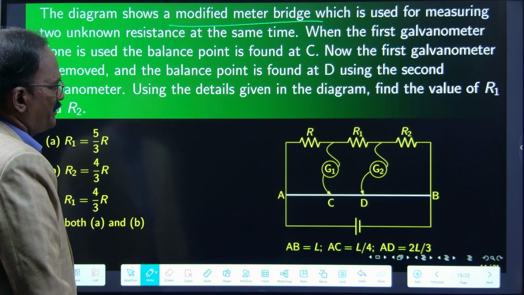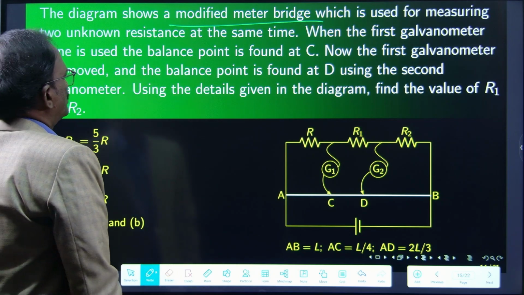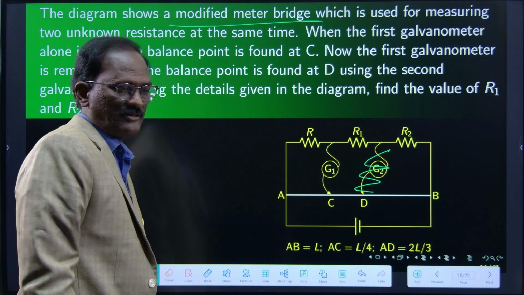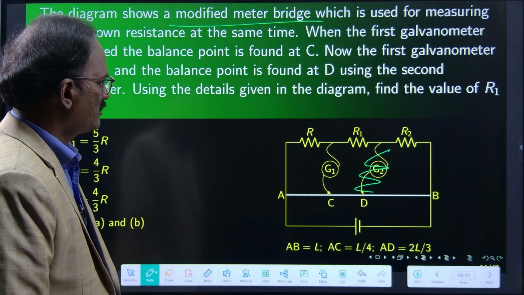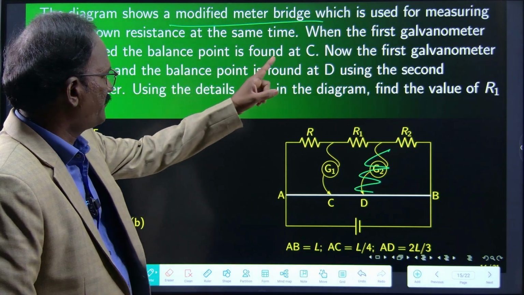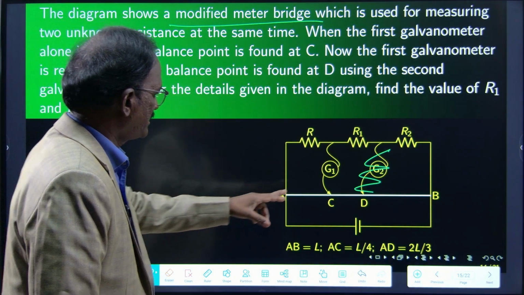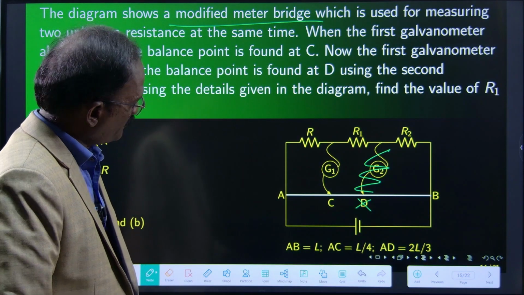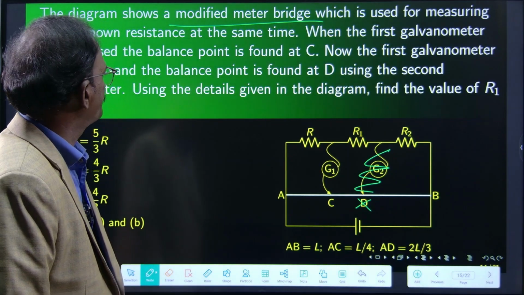When the first galvanometer, G1, alone is used, G2 is not available. The balance point is found at C, so we can forget point D also.